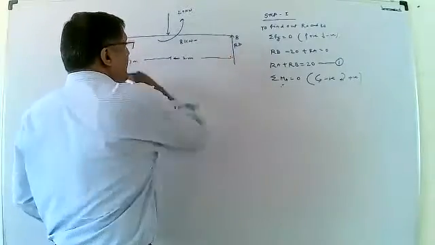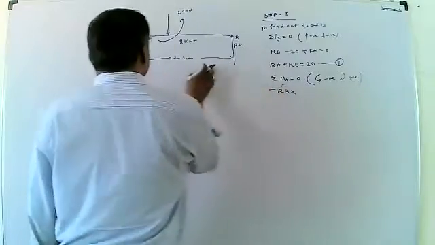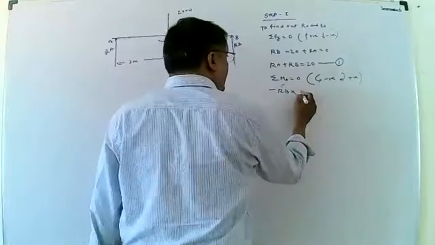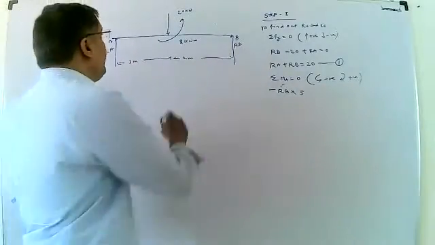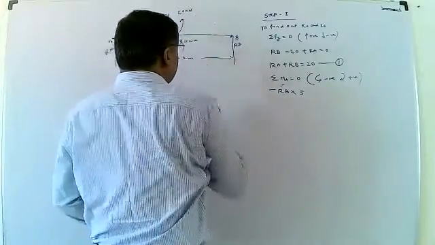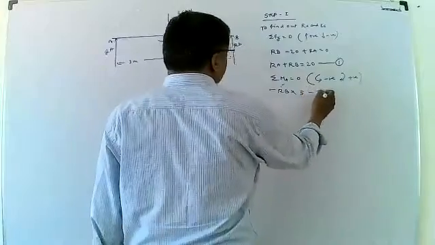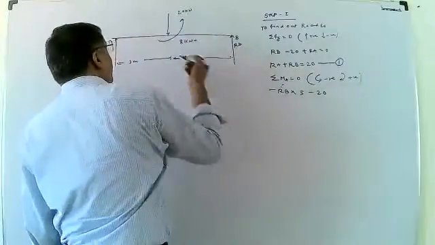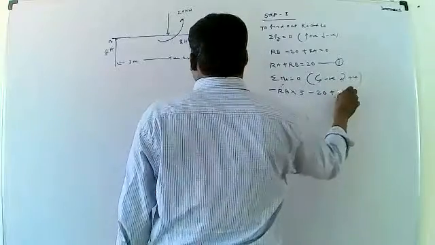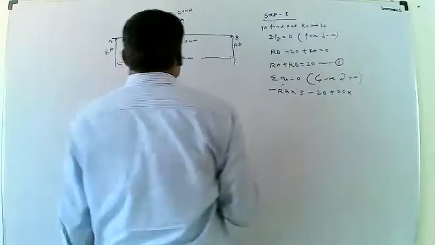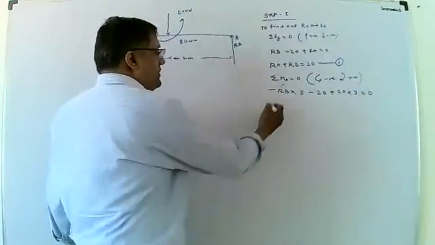Then the first moment, which is anti-clockwise, is minus RB into the total distance of 5 meters up to the point A. Then the second one, the couple, is also anti-clockwise, minus 8. Then we also take the clockwise 20 into distance 3, that is equal to 0.